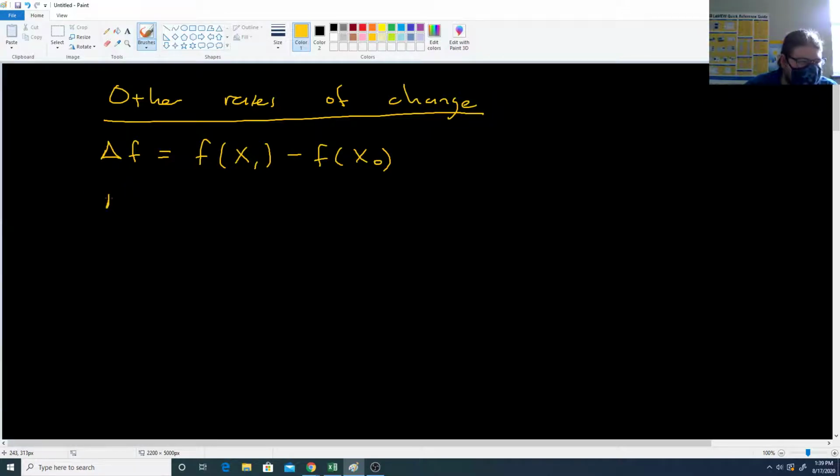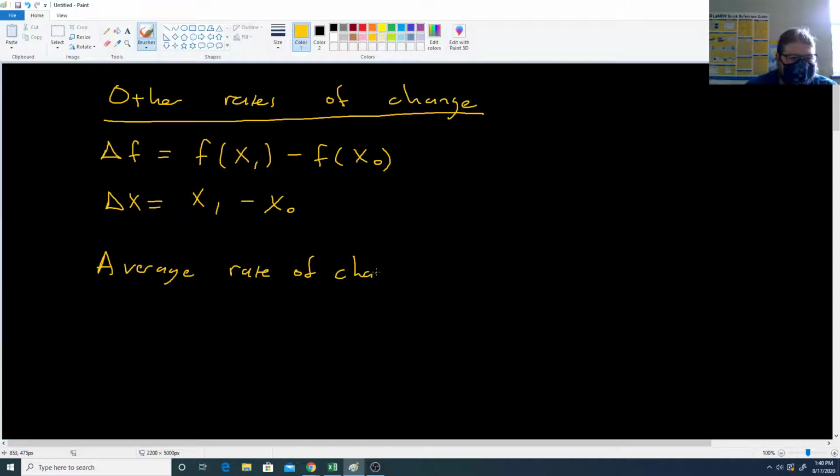So we're just going to generalize those initial two equations we worked with a little bit. Instead of delta s, s of t1 minus s of t naught, it's going to be delta f, which is f of x1 minus f of x naught, and we're using x's instead of t's. So instead of the average velocity equation, now we get an average rate of change.